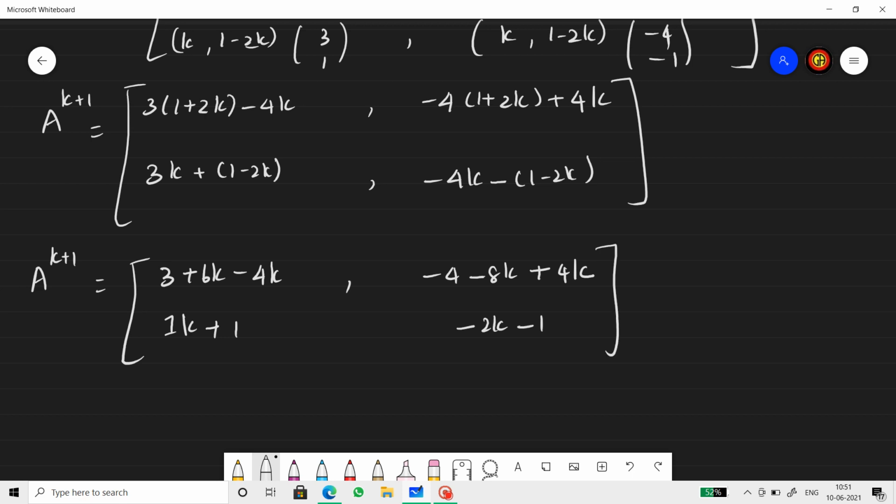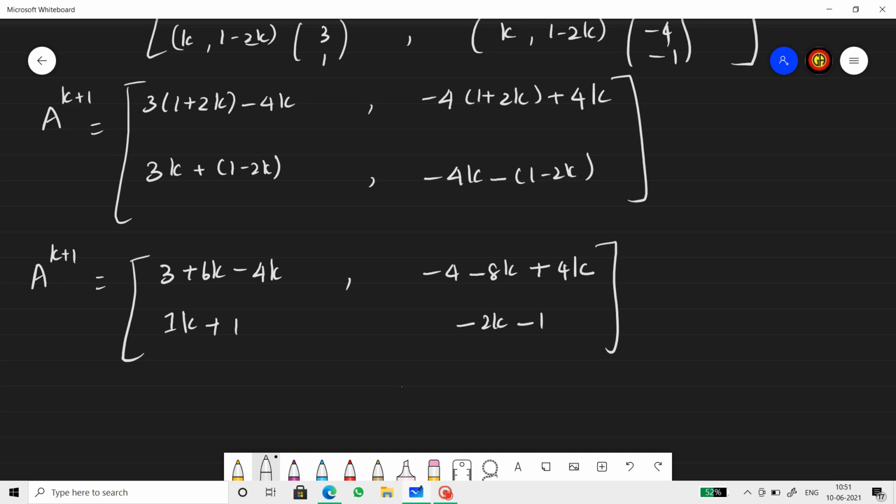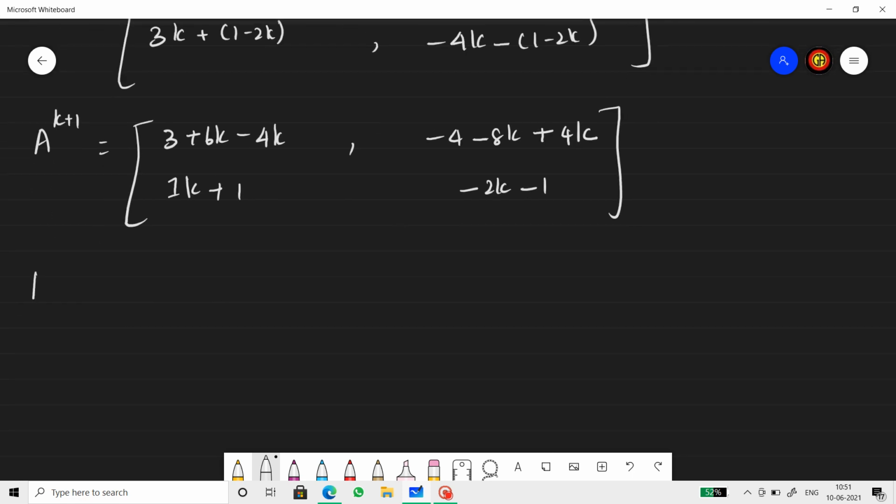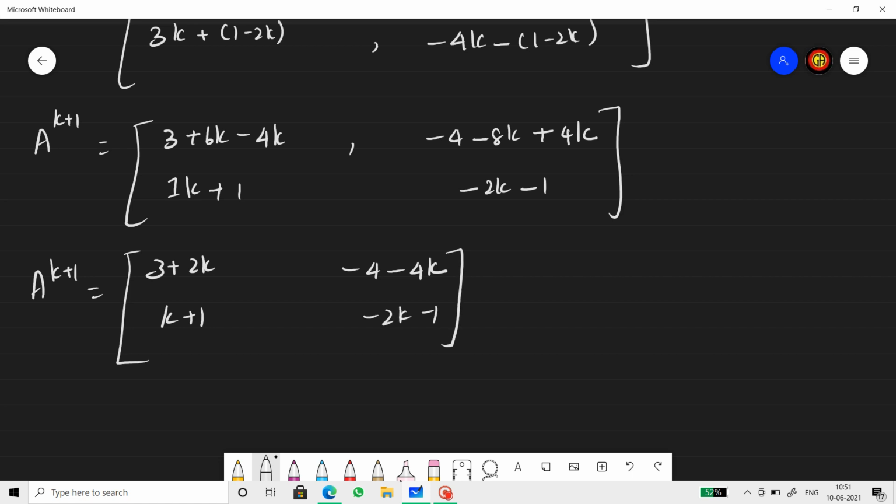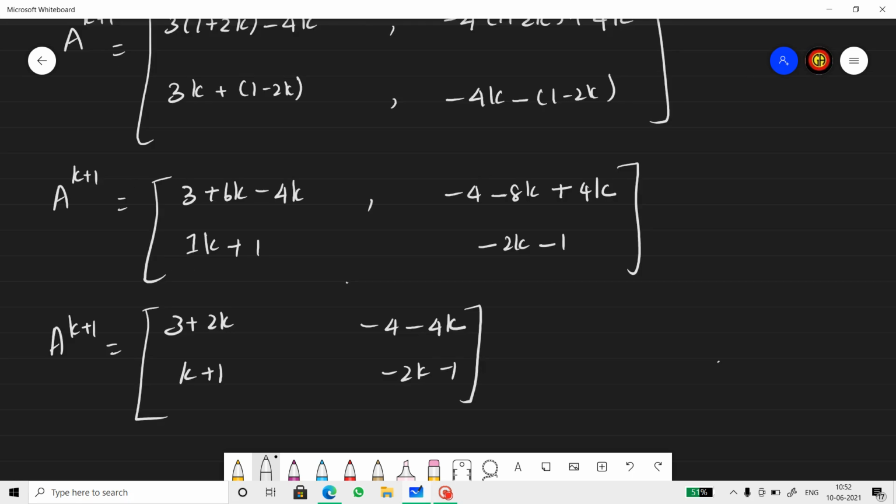So this is simplified to A power k plus 1 equals 3 plus 2k, minus 4 minus 4k, k plus 1 minus 2k minus 1. Yes, so we got this.